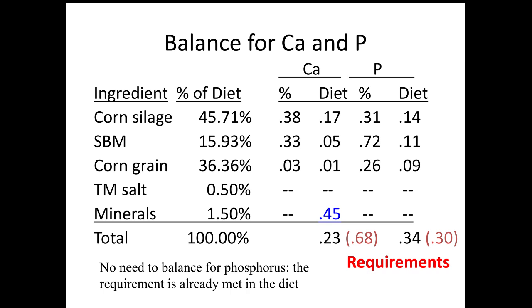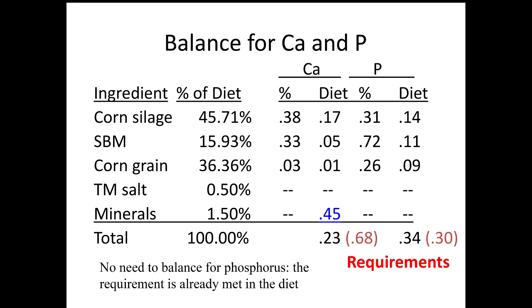So for example, for our corn silage, 45.71% of the diet times 0.38% calcium equals 0.17% calcium in the diet from corn silage. 45.71% corn silage times 0.31% phosphorus in the corn silage equals 0.14% phosphorus in the diet from the corn silage.